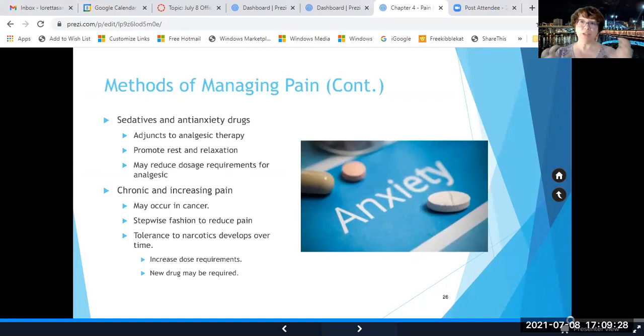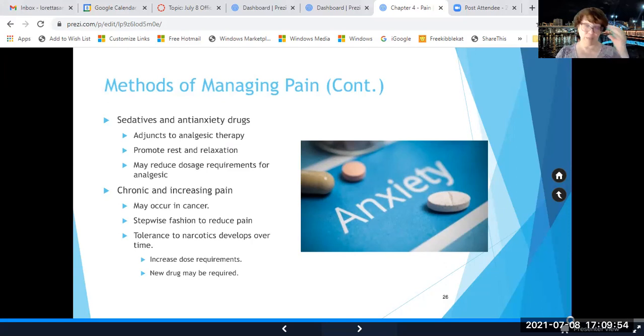Using a combination of drugs may reduce the dosage requirements for the analgesic. For chronic and increasing pain, a lot of times the anti-anxiety drugs are used because a lot of times in cancer, you do get increasing pain as the cancer progresses. They will use it in a stepwise fashion to reduce pain.